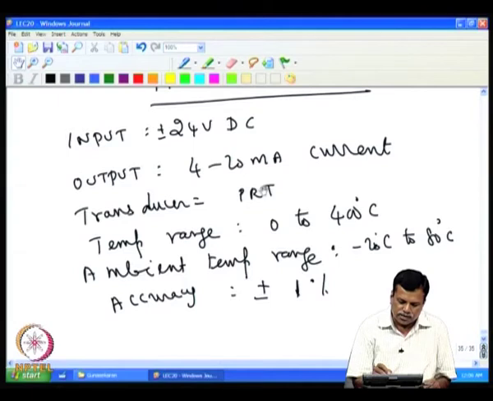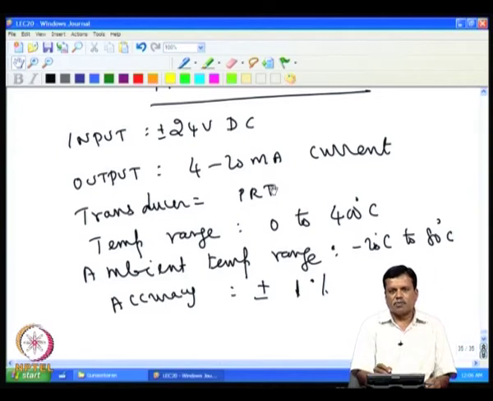So, we will pass a constant current through the PRT. So, the change in resistance will reflect as a change in voltage, because the resistance of the PRT changes with the temperature. We are passing a constant current. So, the net result is the voltage across the PRT will change with temperature.